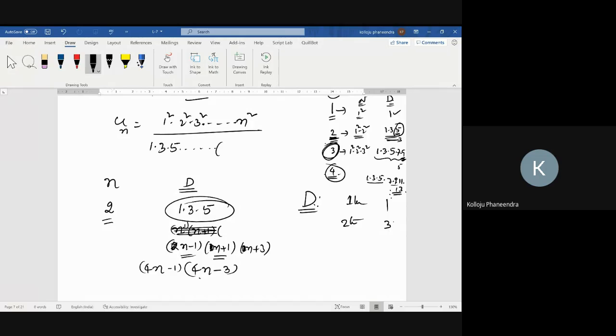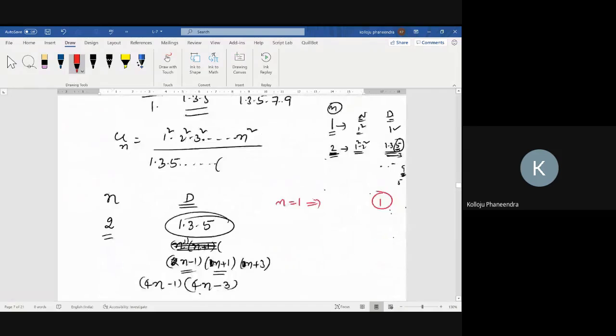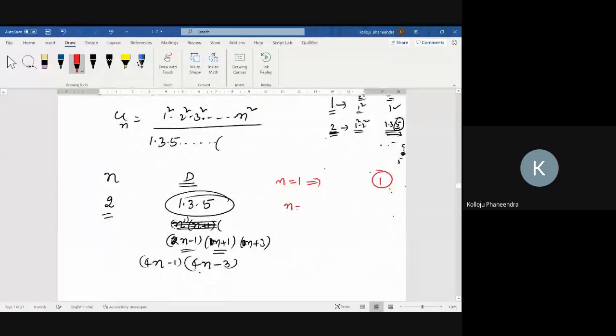Right. See, what is the logic? The main point is here: when n equal to 1, only one term is there. You can neglect the first term. When n equal to 2, the numerator is okay.